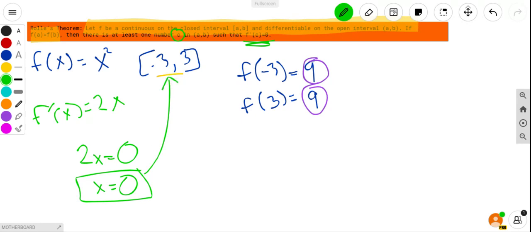It was guaranteed to be in there according to Rolle's theorem. And I know this is kind of like a simple example, but I'm just trying to show you how to apply the theorem and why you just really have to make sure you meet the initial conditions before you do any kind of work with the derivative. Okay?